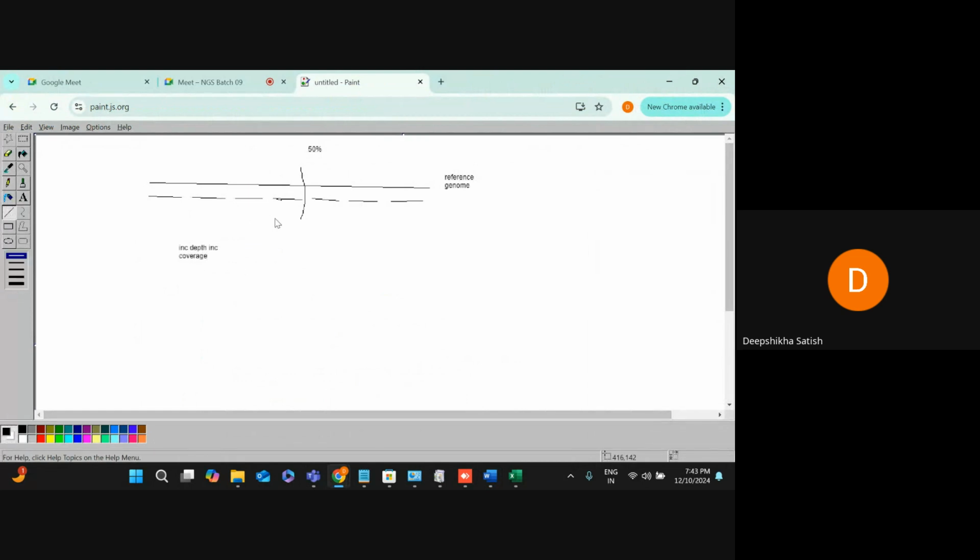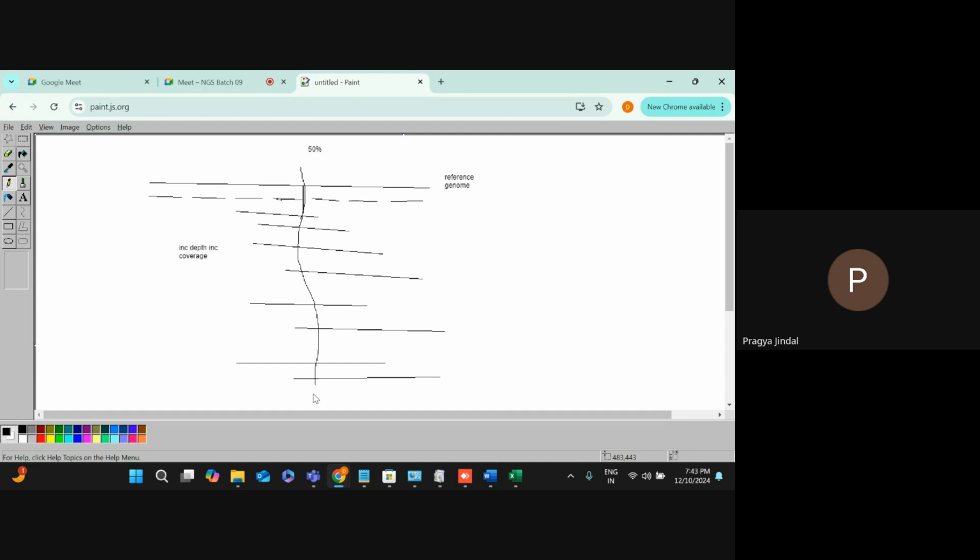For example, depth is telling you how many times the base is read at this particular position.